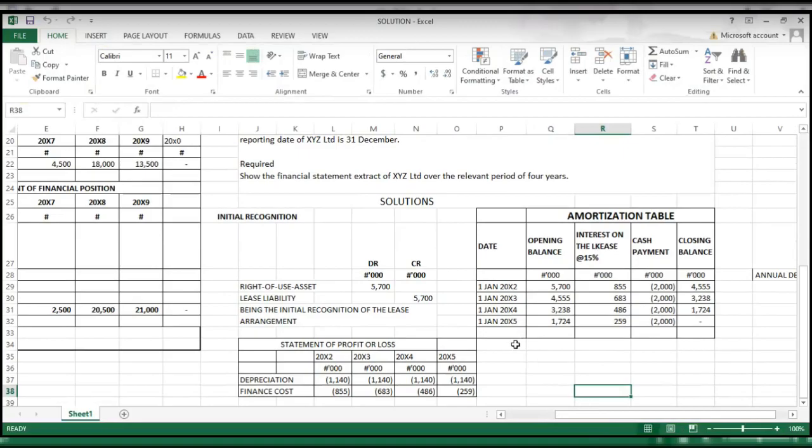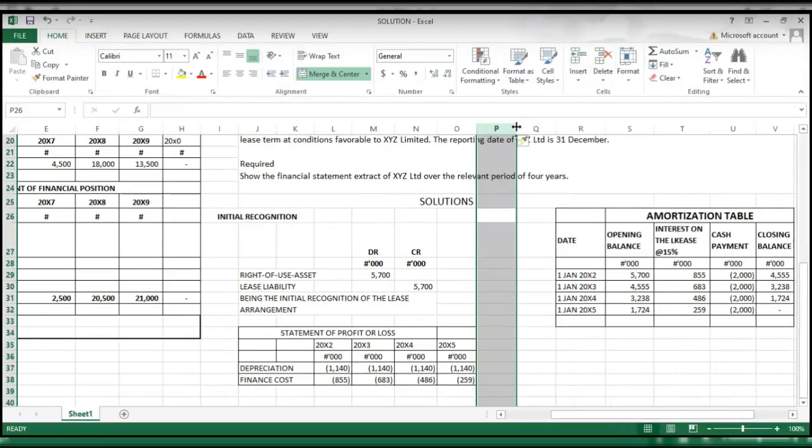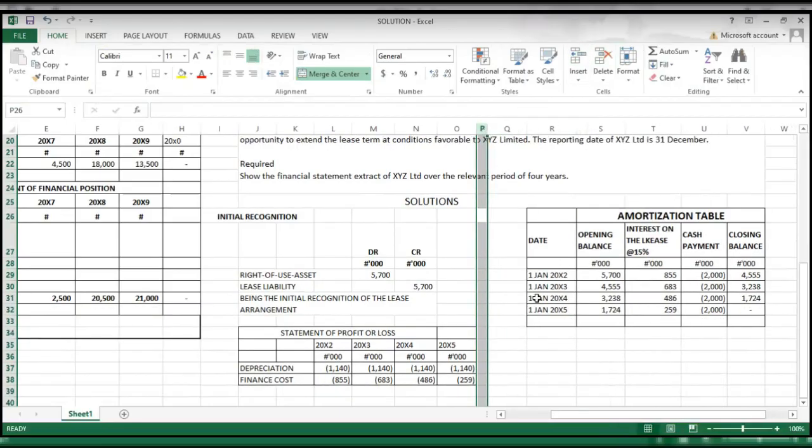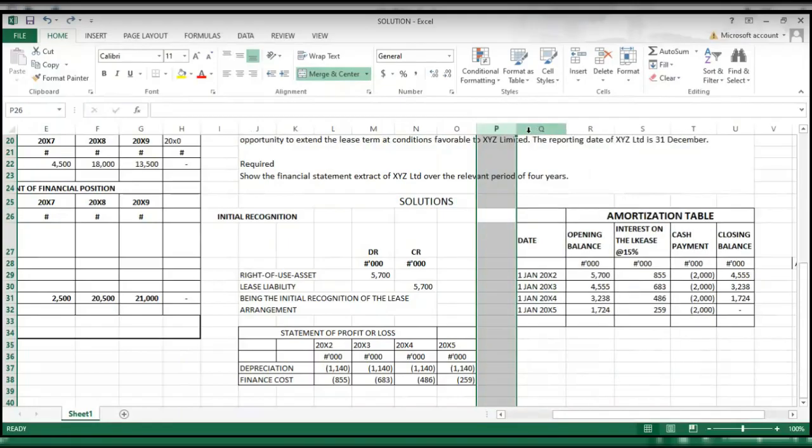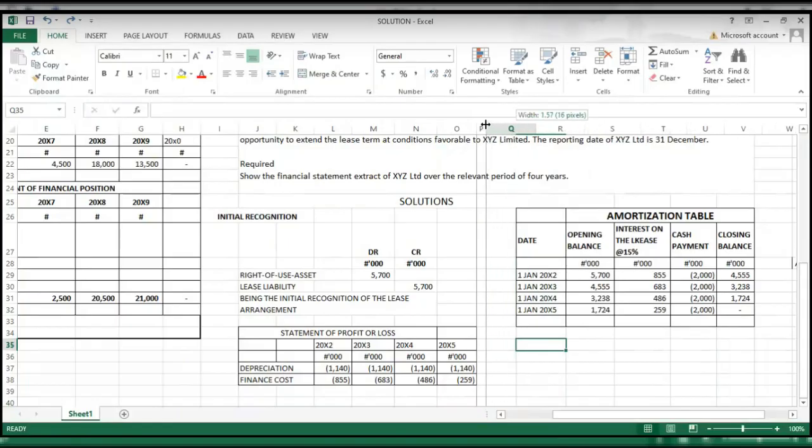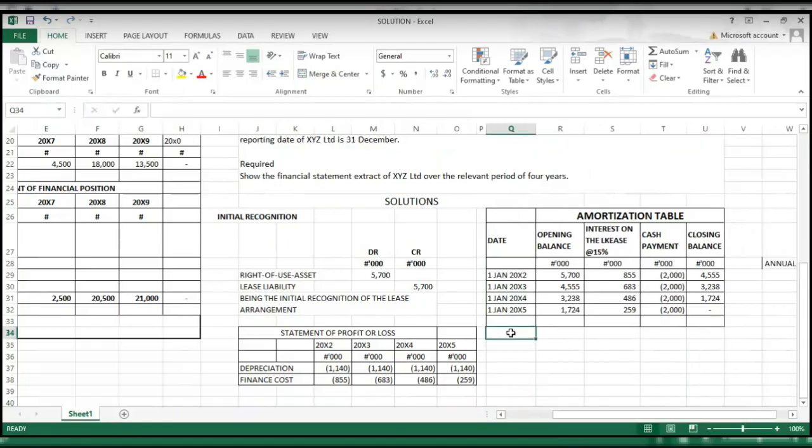So what I just need to prepare this morning is the statement of financial position in respect of the lease, so as for us to know how that is treated also. So we'll be doing the statement of financial position here now, which will help us to understand what should be presented in the balance sheet as far as the lease arrangement is concerned. So let me quickly complete yesterday's task here.